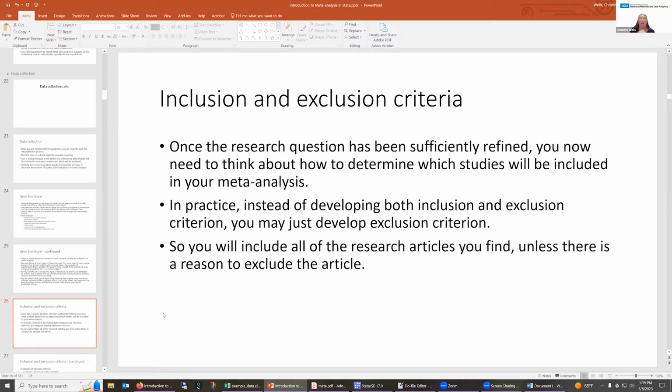And I say, look, everything is in until I have a reason to exclude it. And that exclusion criteria usually is just a list of things that you go through. And one of the things that you'll have to keep track of is how many articles got knocked out for each of those different criteria that you specify there.